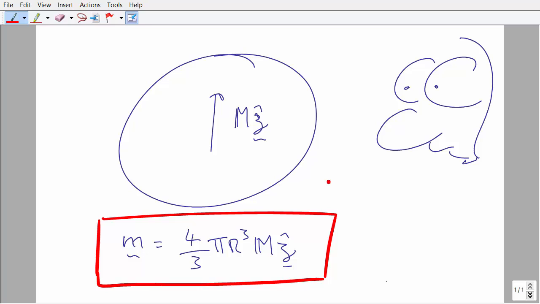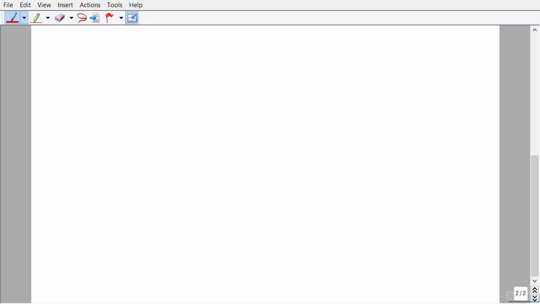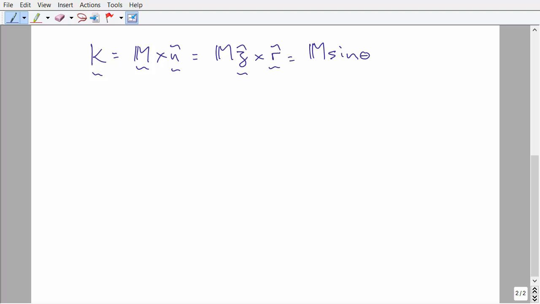So let's calculate, first of all, K. Alright, so I've taken the cross product of z hat with the surface normal r hat. If you're in any doubt about taking that cross product, I suggest you go and try that calculation.